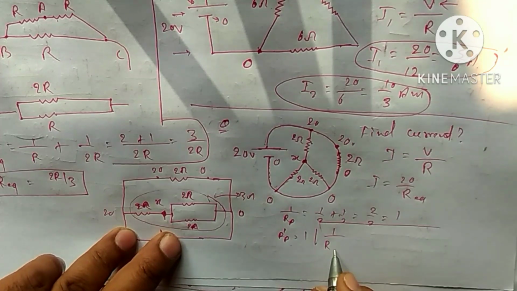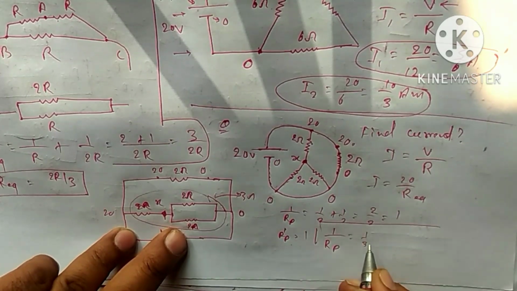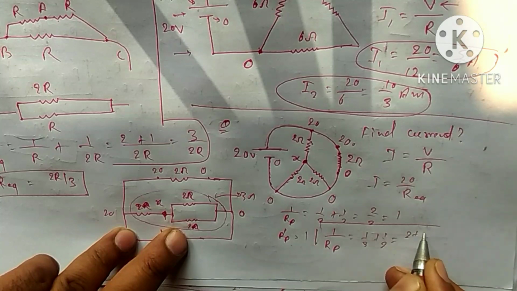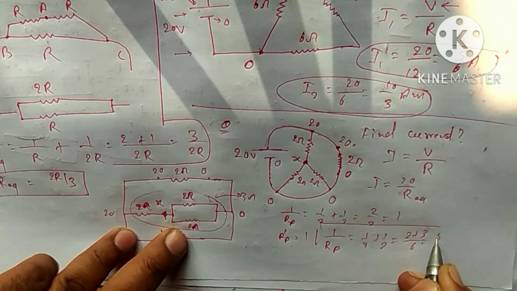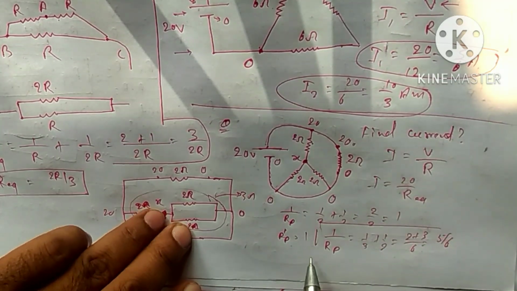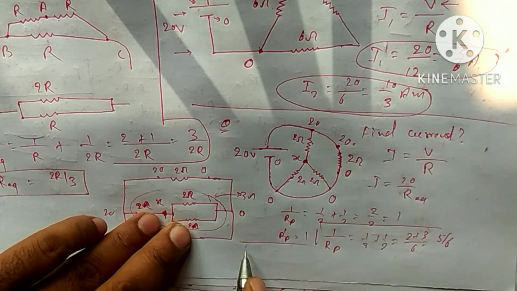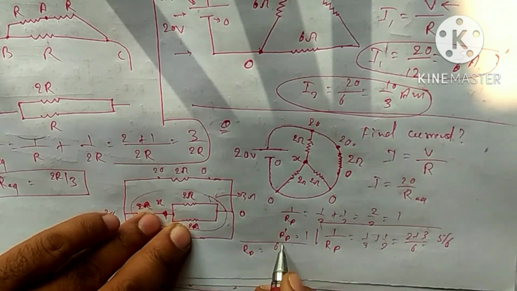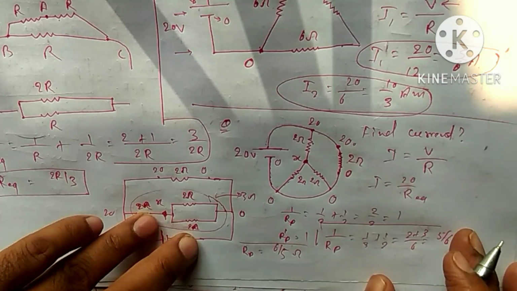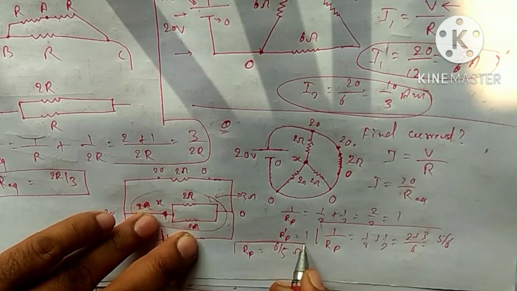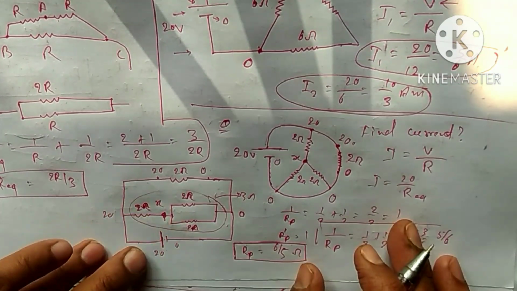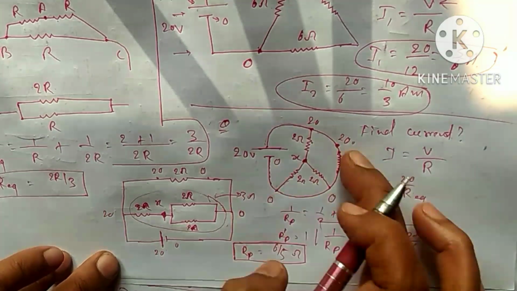So the final value of equivalent resistance is what? 1 by R is equal to 1 by 3 plus 1 by 2, that is 2 plus 3 by 6, that means 5 by 6. So we get R is equal to 6 by 5 ohm. This is the equivalent resistance for the entire circuit.